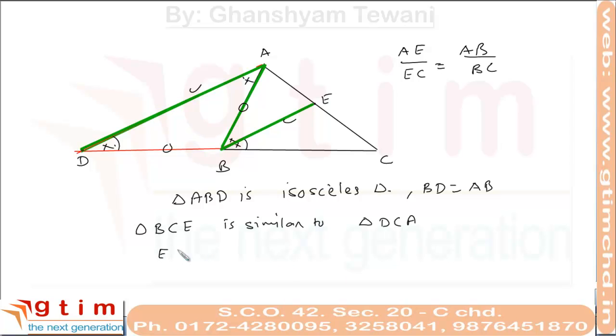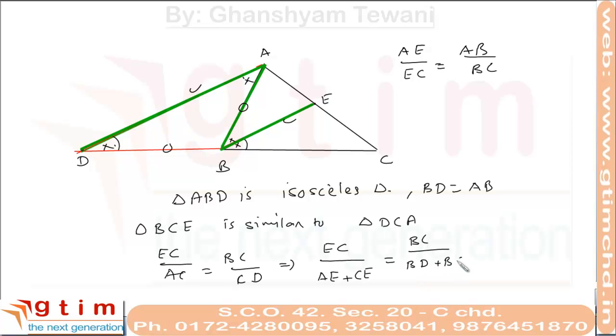Then we have EC upon AC is equal to BC upon CD, or EC upon, what is AC? AC is sum of AE plus CE is equal to BC upon, what is CD now? CD is sum of BD and BC.